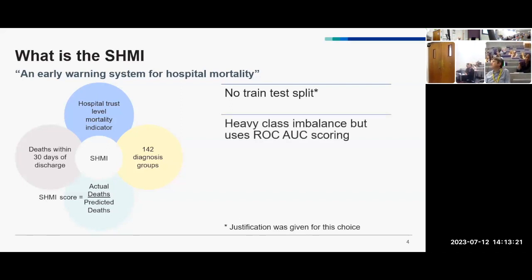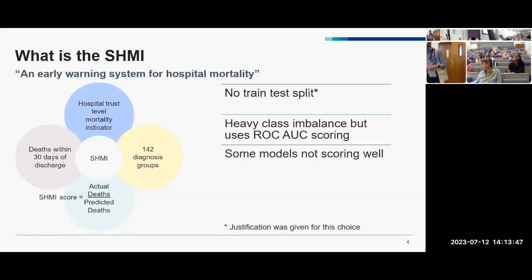In addition, the data itself has extreme class imbalance between the people who lived and died, and the scoring metric originally used by the SHMI was the area under the receiver operating characteristic curve, which is very optimistic on imbalanced data. Despite this, some models still didn't perform particularly well for some conditions.